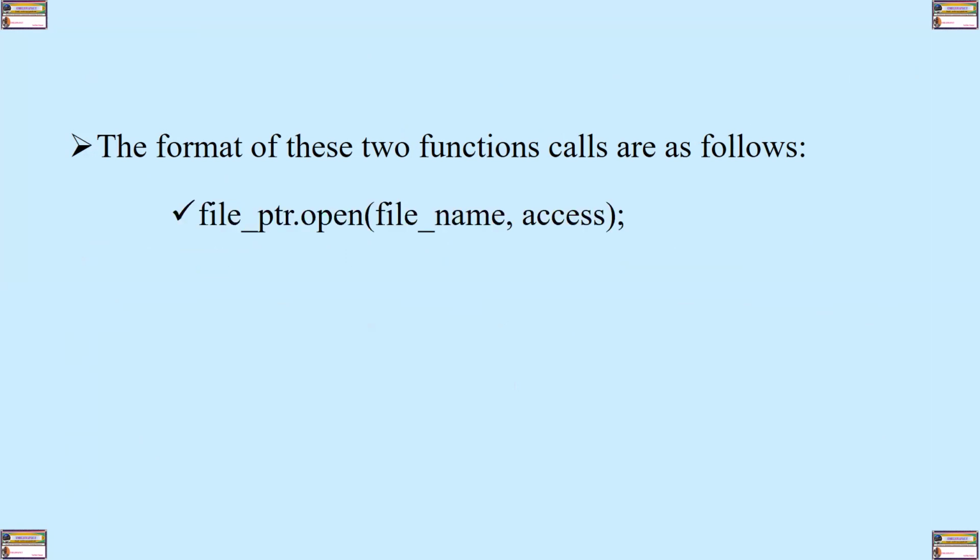You begin with the file pointer, then a dot, then the reserved word open, then a pair of parentheses inside which you indicate the file name and the access mode.